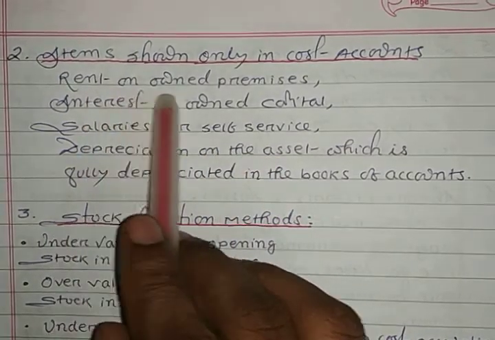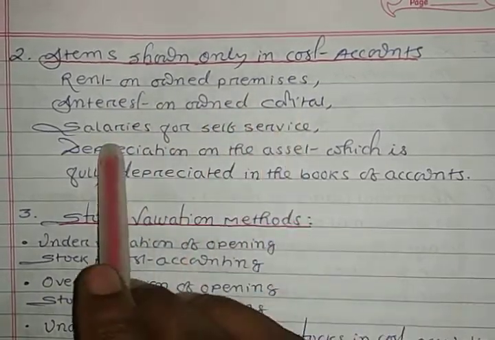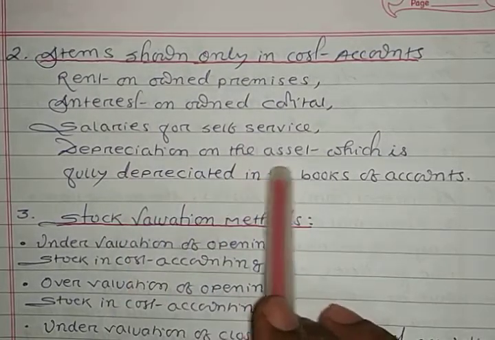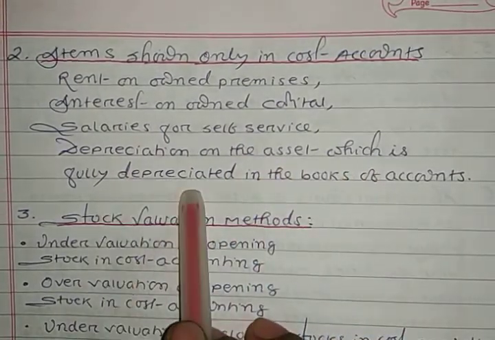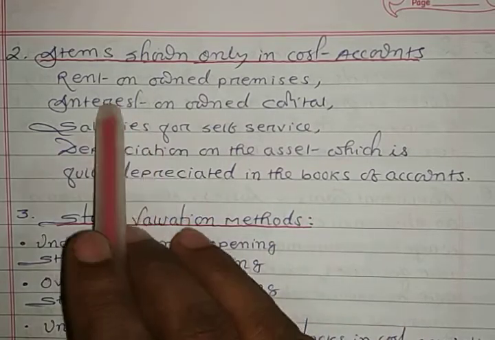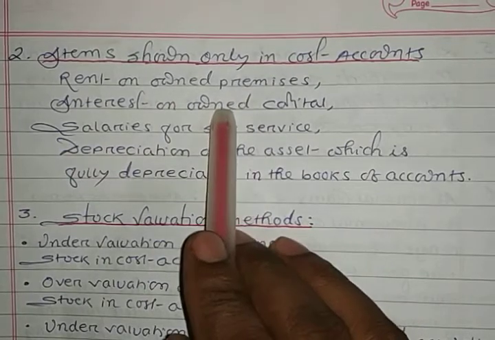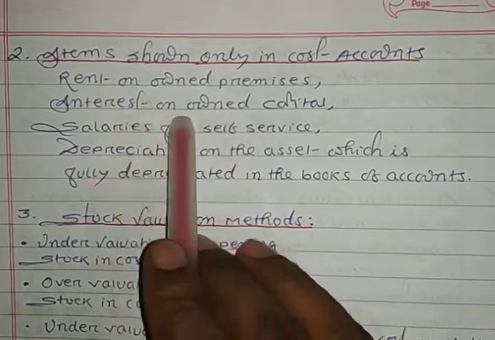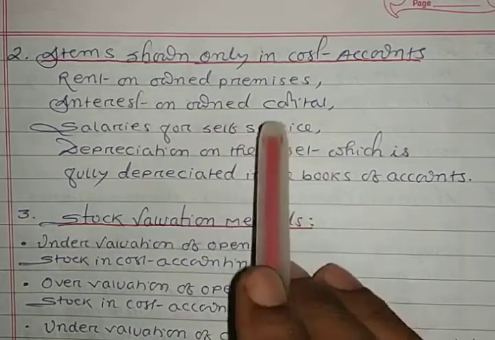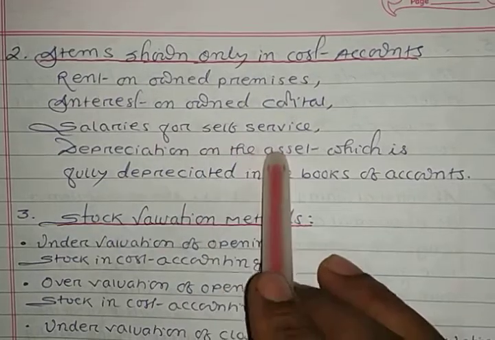What are the examples here? Rent on owned premises, interest on owned capital, salaries for self-service, depreciation on an asset which is fully depreciated in the books of accounts. You see here, rent on owner's building is also shown in cost accounts as an item of expenditure, which is called notional rent.